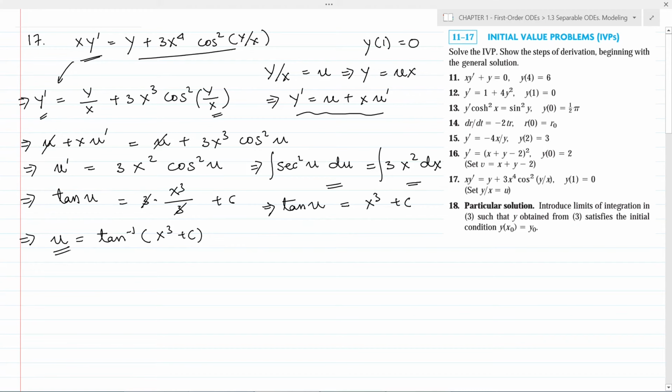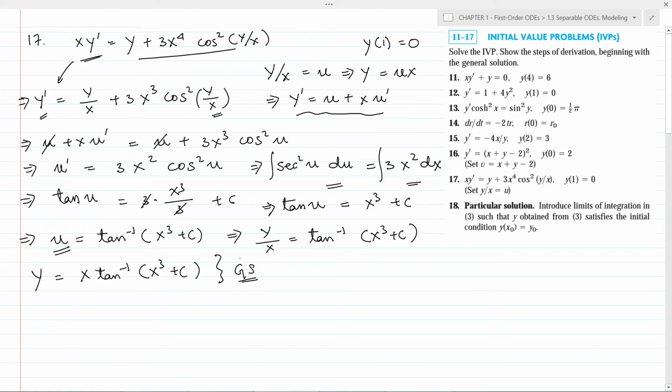Now, we replace u by y/x and we can write this as y/x = tan inverse(x³ + c), or y = x tan inverse(x³ + c), and this is the general solution of the differential equation.